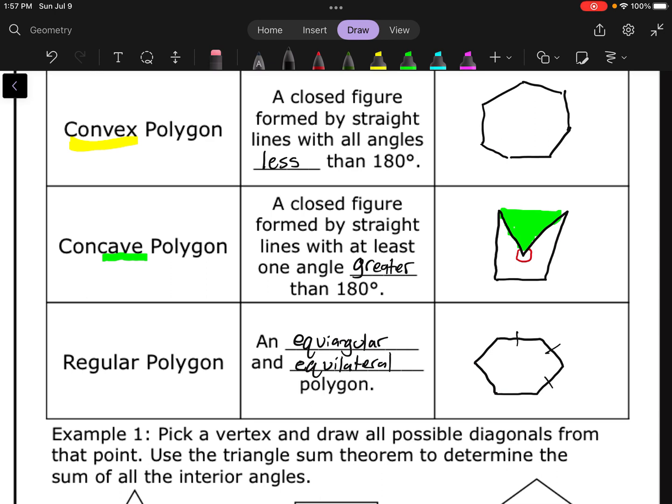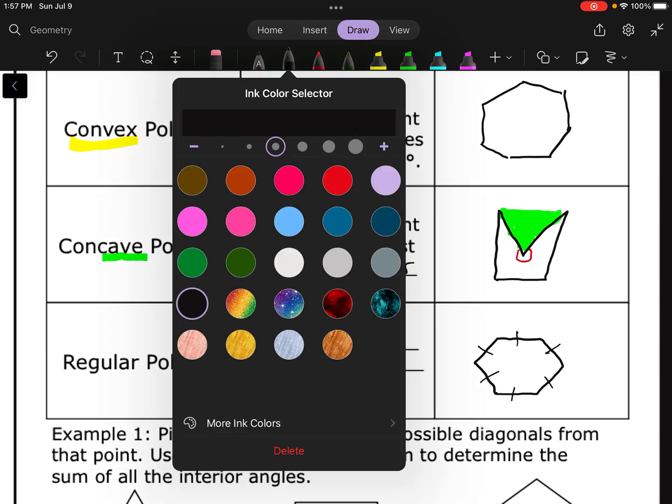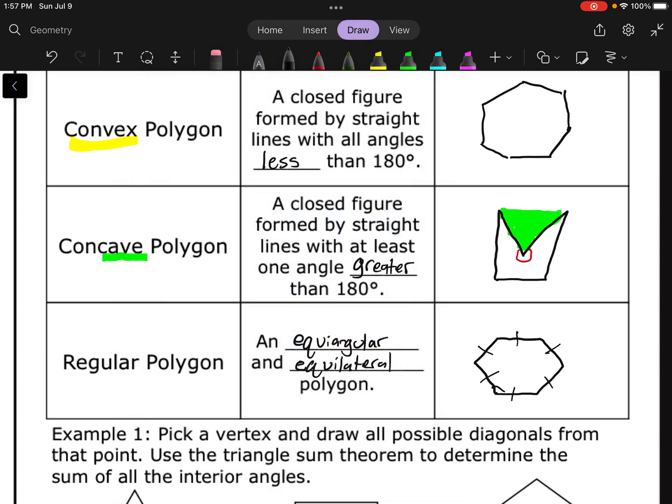So all 6 sides on this polygon that I just drew are congruent, and all 6 angles are going to be congruent. Equiangular refers to the angles. Equilateral refers to the sides. Okay. So we'll see some rules in this video that have to do with the equilateral or the regular polygons as well.